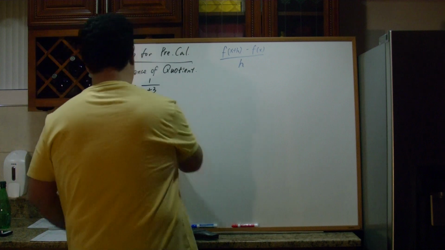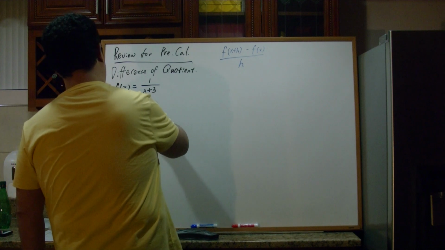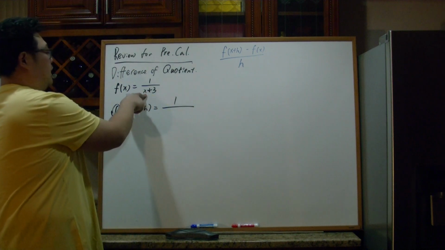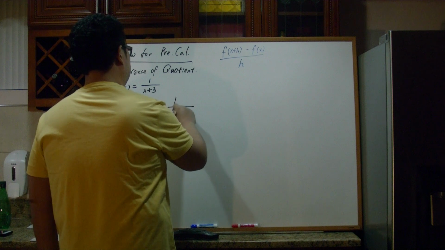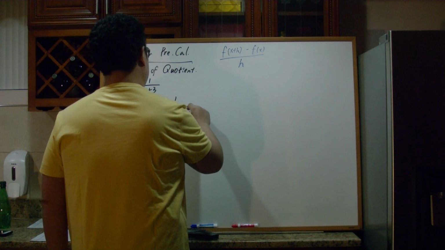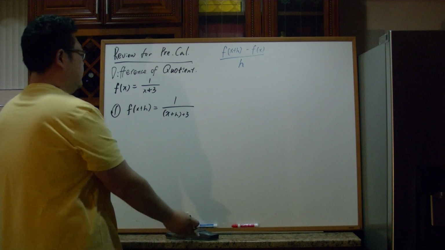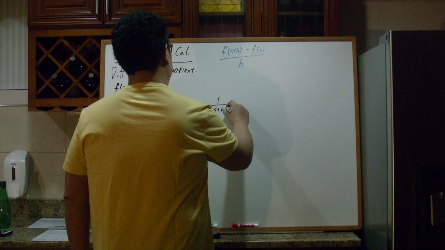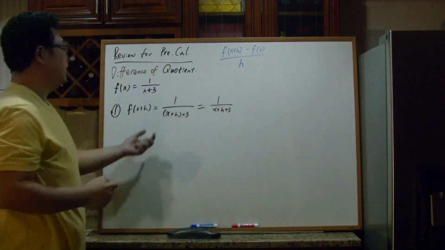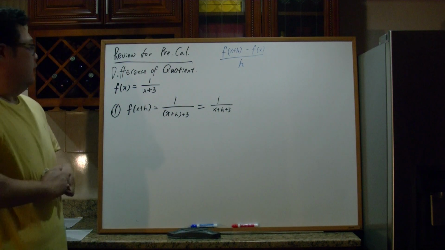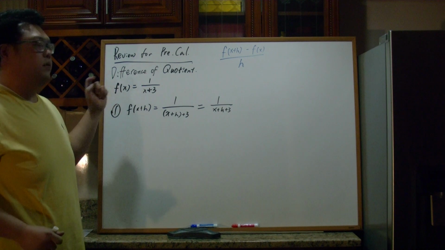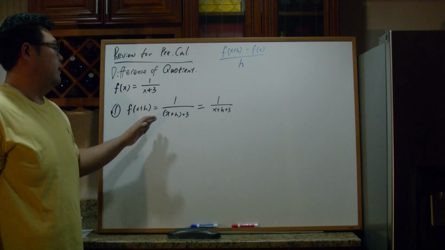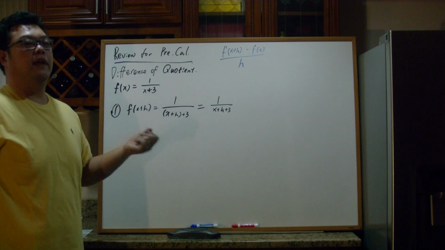When we do the difference of quotient, we substitute the x with x plus h on the denominator. If you want, you could put parentheses, but that's nothing else but just 1 over x plus h plus 3. To put parentheses when we substitute would be a good habit. Maybe sometimes we have a negative sign, sometimes other coefficients in front of our x, maybe a power. So putting parentheses will always be a benefit.